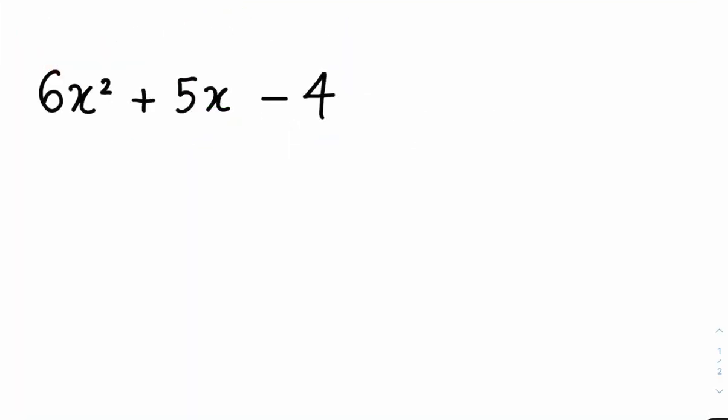Our final example is 6x squared plus 5x minus 4. As always, look at your coefficient, which in this case is a 6, and you want to list the factors of this coefficient. If you've noticed, all the previous examples, and often a lot of questions in your exams, will have coefficients as prime numbers.